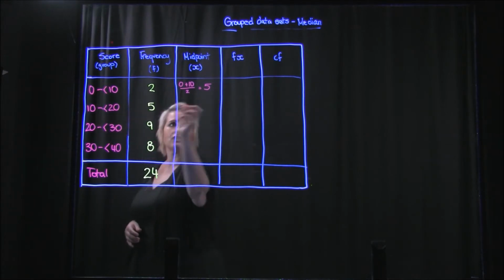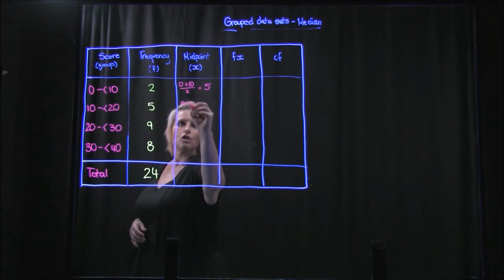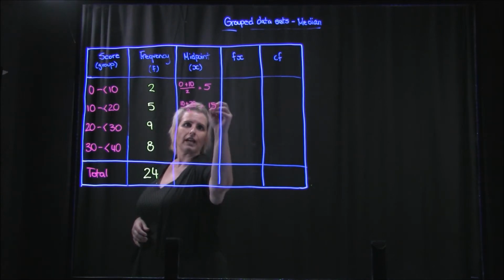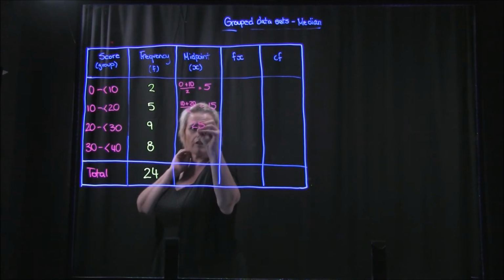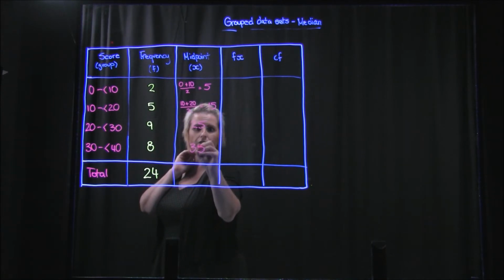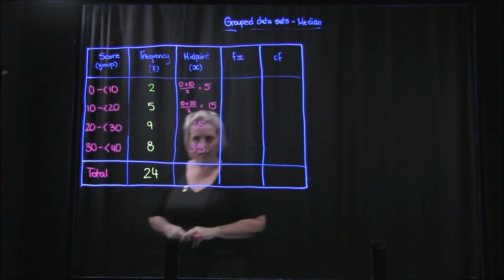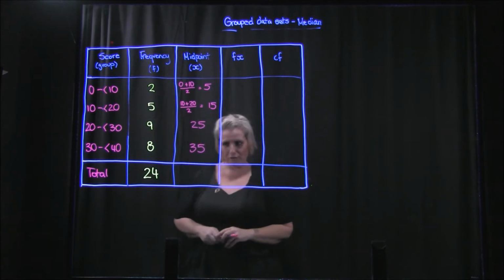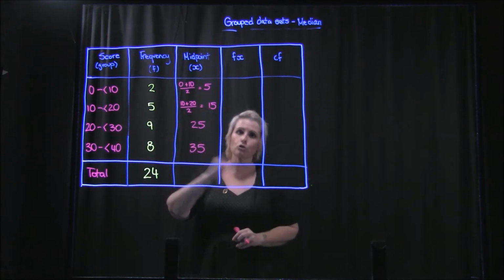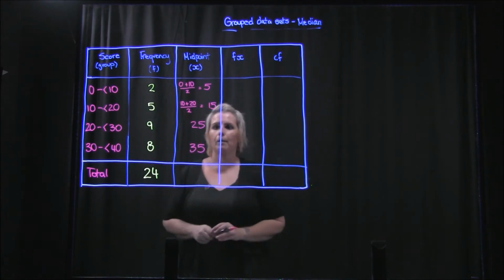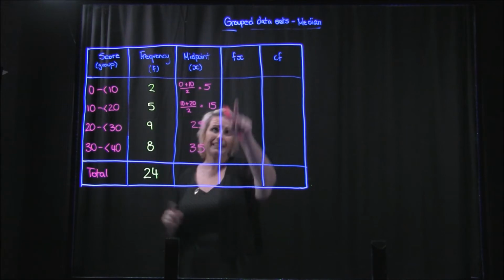Over here, 10 and 20, lower is 10, upper is 20, that gives us 30. Divide that by 2, 15. Then 20 and 30 and so forth, so we get 25, and 30 and 40 divided by 2 gives us 35. It is important that you actually do that and don't just guess the middle, because you could be out as you go along.